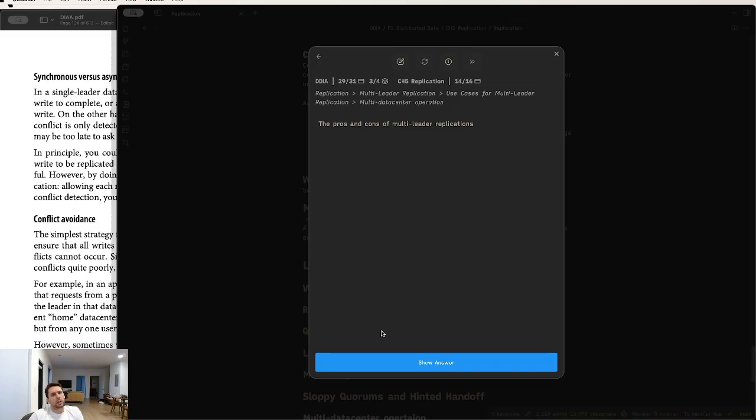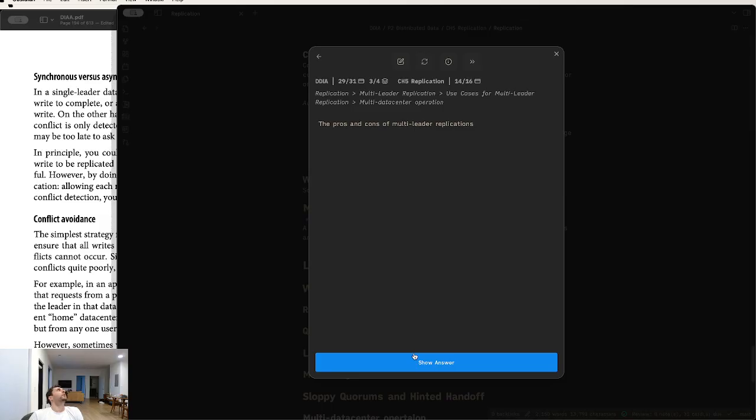Let's see, pros and cons. So pros would be faster write speeds, geographical locations, less vulnerability to network issues, and less vulnerability to, I guess, just regional failures because you're multi-regional.